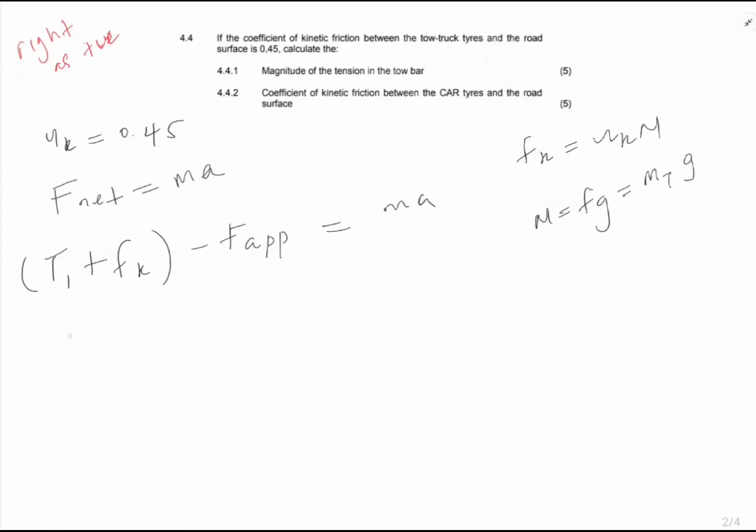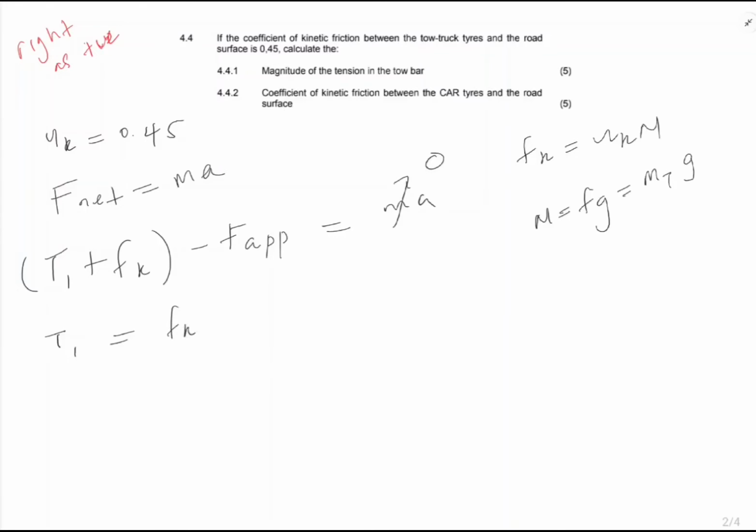All right, cool. So for T1 we can take everything to the right hand side, but before, remember that the acceleration is 0 because the tow truck and the car are moving at a constant velocity. So this immediately falls off. So take everything to the right hand side.